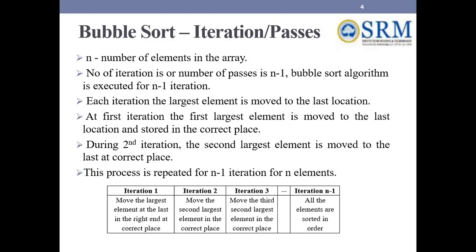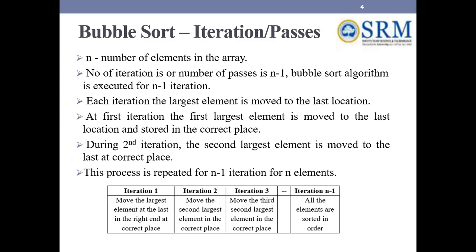And bubble sort iterations or passes. n is the number of elements in the array, so the number of iterations or passes is n minus 1. Bubble sort is executed for n minus 1 iterations, where n is the size of the input. In each iteration, the largest element is moved to the last location.